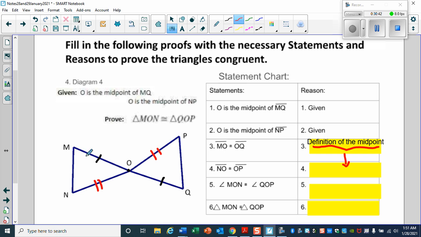So now we have angle MON. Start at M, go to O, down to N. Vertical angles with Q, O, P. So in this case, these are vertical angles.